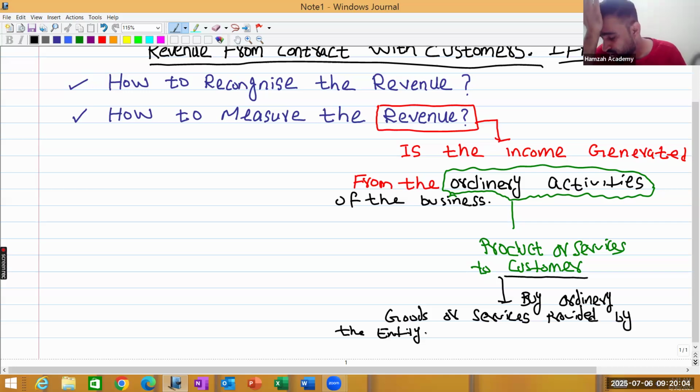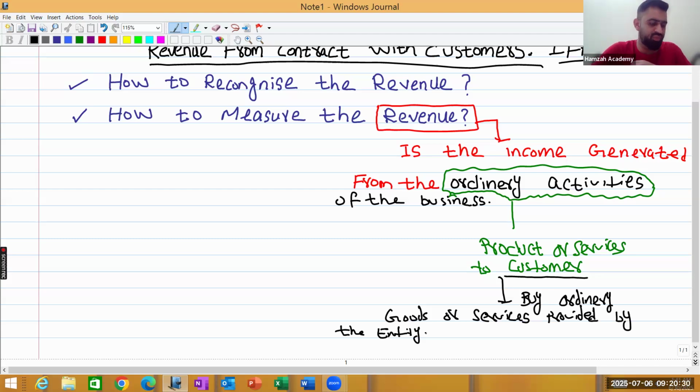If we talk about Hamzah Academy, the ordinary activity of the academy is to provide tuition services. If a student buys those tuition services, by the definition of IFRS 15, he is a customer.